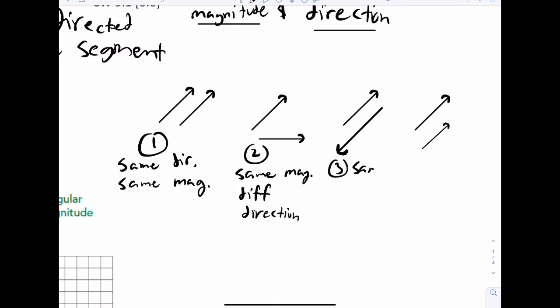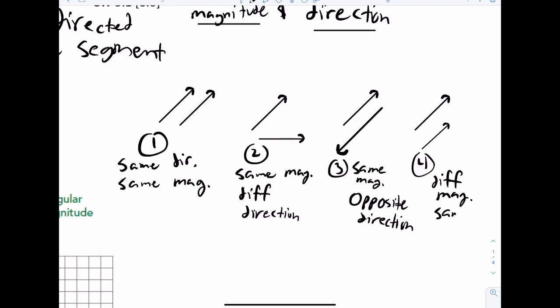It's the same magnitude, and we actually specify when it's the opposite direction. So that's a different category from just a different direction. And then number four is going to be different magnitude, but same direction. Okay, so those are the four relationships that can occur between two vectors.